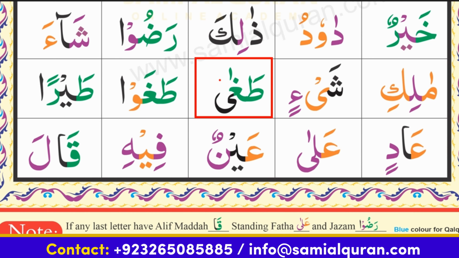And here is the standing fatha on the last letter, so we don't change the pronunciation. So we don't change the last letter sound in waqfan, as we say طغى waqfan طغى.